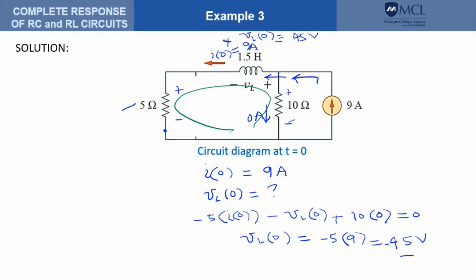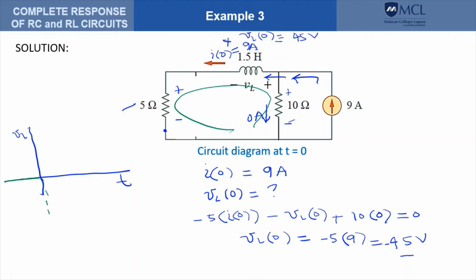We can plot the voltage and the current. So say this is for the voltage. Before t equals 0, it is 0 because it is a short circuit, and then it jumps to negative 45 volts.